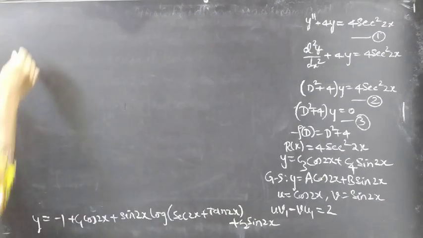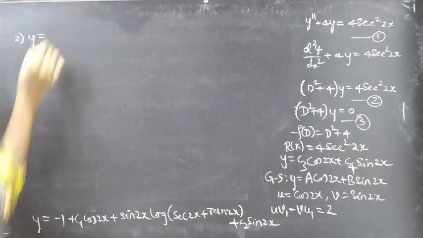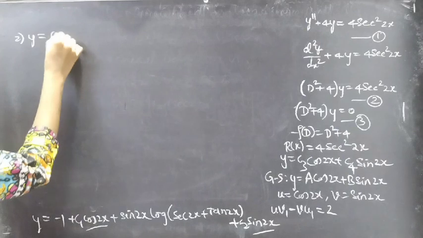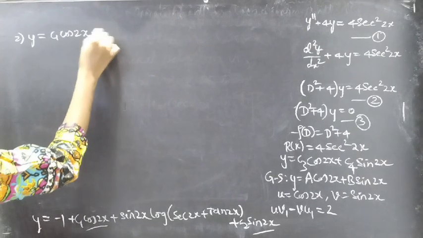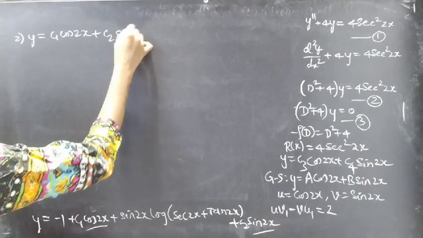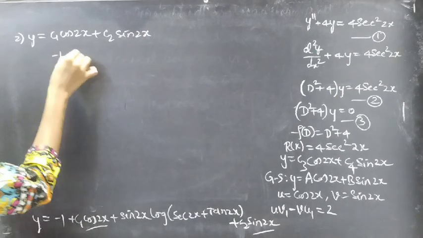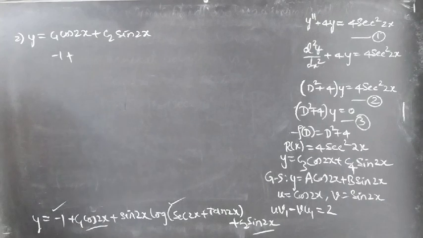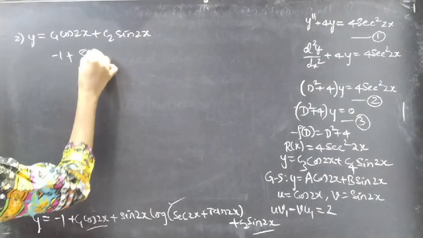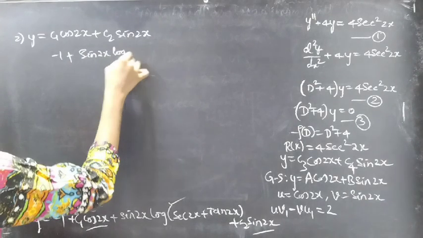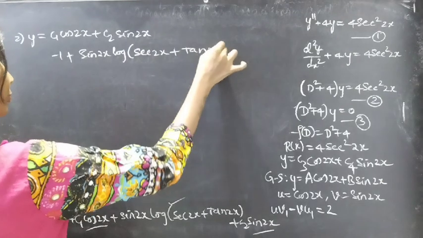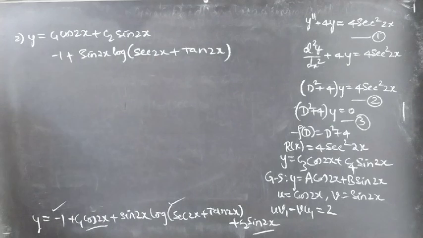Or we can write this as y equal to, write the terms involving c1 and c2 first: c1 cos 2x plus c2 sin 2x, and then write the remaining terms, minus 1 plus sin 2x log of secant 2x plus tan 2x, right?